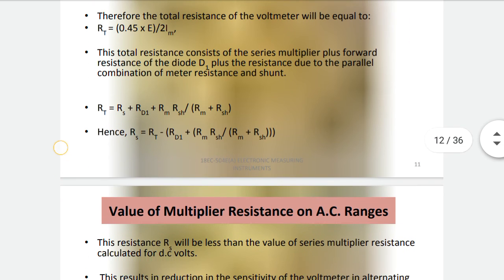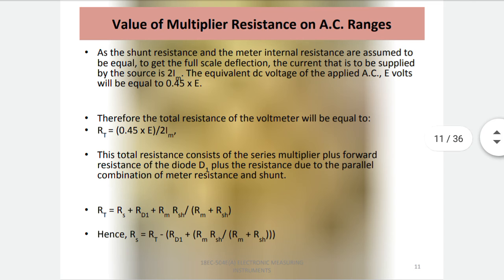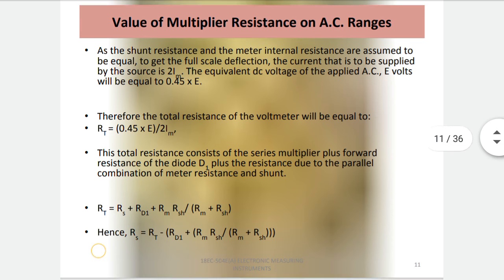In formula, the total resistance RT is equal to the multiplier resistance plus the forward resistance RD1 plus Rm into RSH divided by Rm plus RSH, the parallel combination of the meter resistance and shunt resistance. Hence the multiplier resistance Rs is equal to RT minus RD1 plus Rm into RSH by Rm plus RSH.